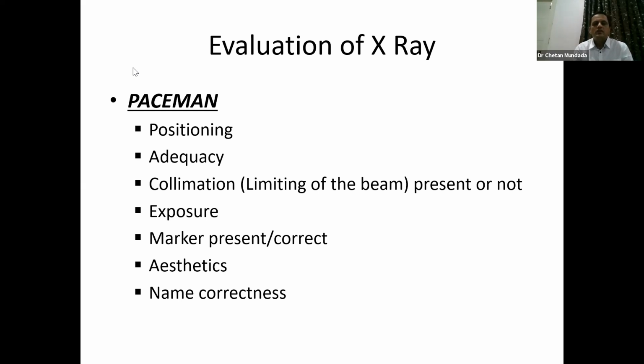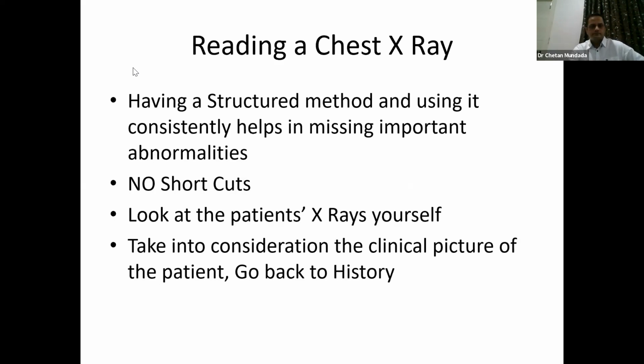So you need to make sure that they are all taken to the side and they are not interfering, and also in ambulatory patients, clothing and various metallic objects. So those things need to be removed properly. And finally, we have to make sure that the name of the patient is correct and we are evaluating the proper patient's X-ray. So we'll straight away come to reading a chest X-ray.